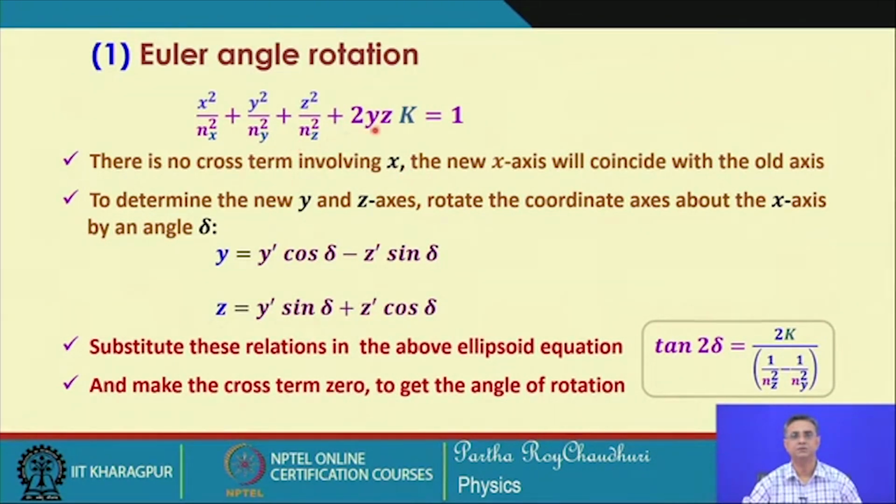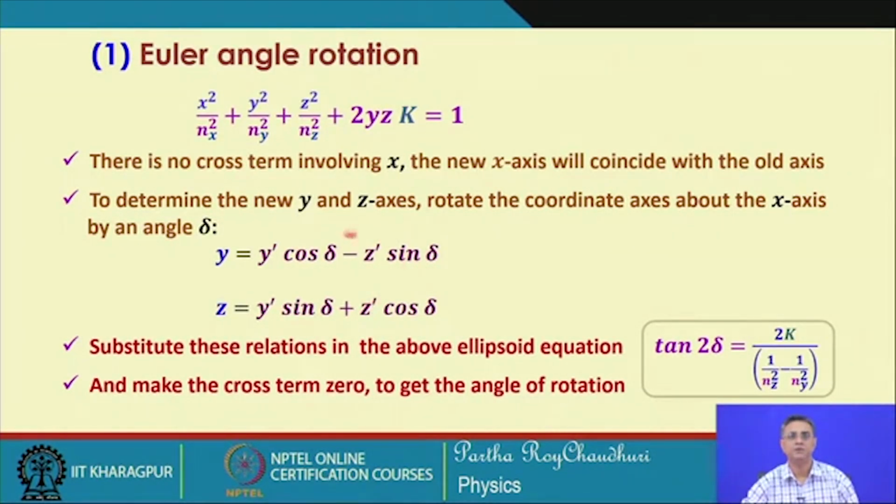We can see that this cross term does not involve any x, and as a result the new x axis and the old x axis will coincide, and to determine the new y and z axis, a rotation by an angle delta will be required, which will come from this relation. So, y equal to y dash cosine delta minus z dash sin delta, and so on for the z also.